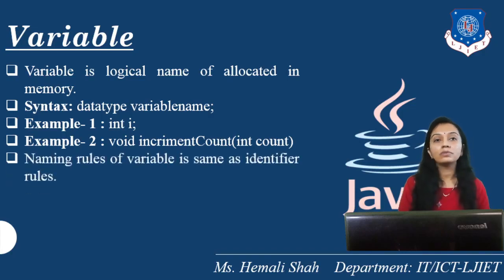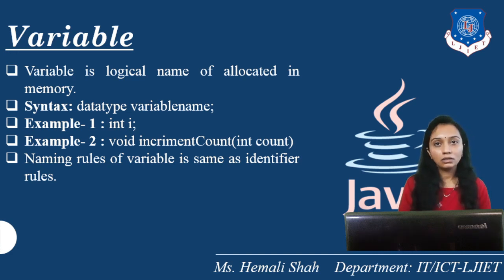Now the naming rules for a variable are the same as the identifier rules that I covered in a previous video lecture. You can only use alphabets, capital as well as small, the dollar sign and the underscore sign. These characters are allowed to make a variable name.